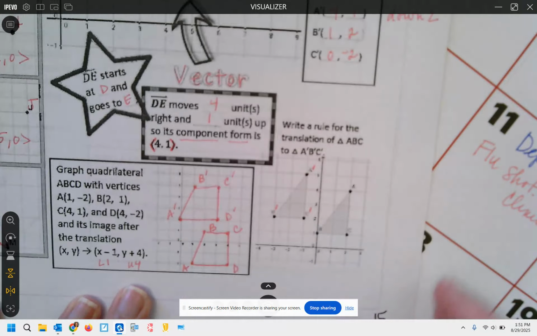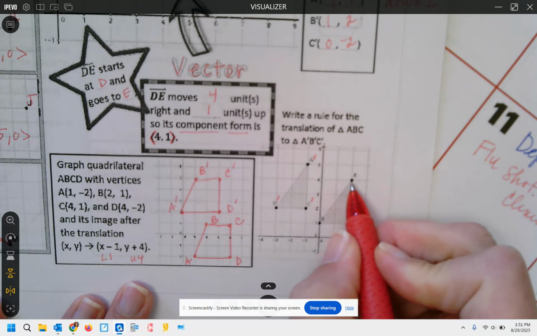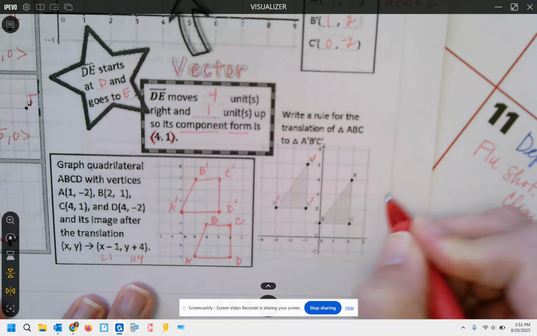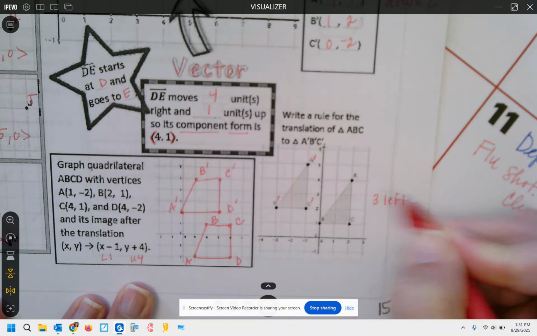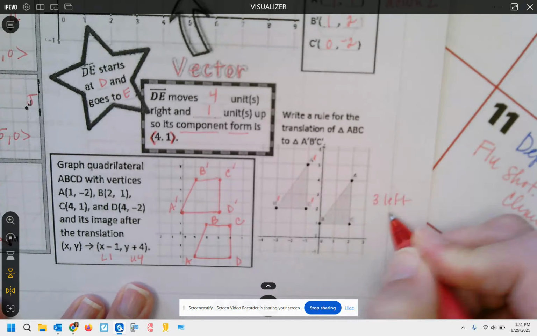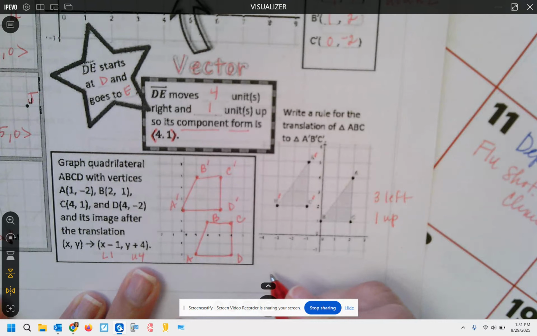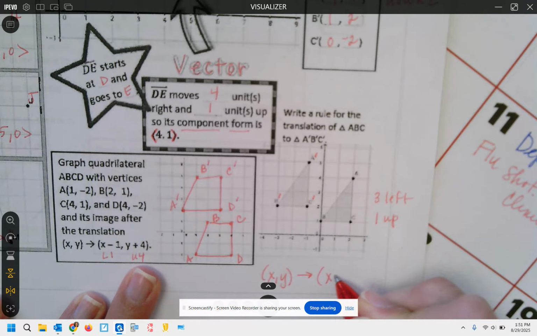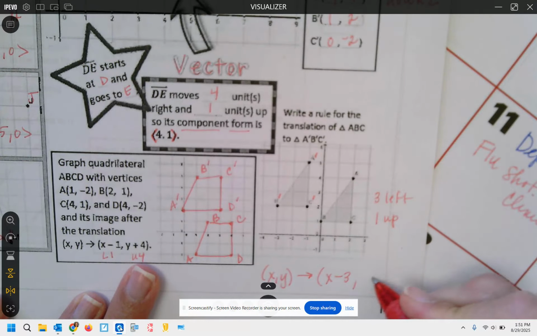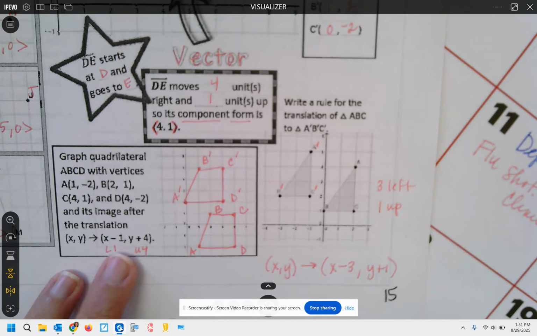So if we just take a look, let's say from A to A prime, we're going 1, 2, 3 to the left and 1 up. So as a rule, when you write it like a rule, instead of just component form, it looks like this. So x, it would be x minus 3 because we're going 3 left, and it would be y plus 1 because we're going up 1.